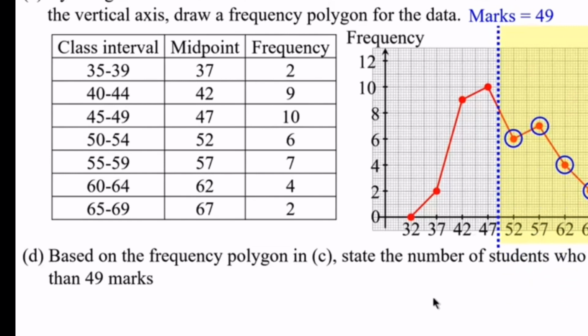Based on the frequency table, the students who scored more than 49 will be 6 plus 7 plus 4 plus 2. So we have a total of 19 students who passed.